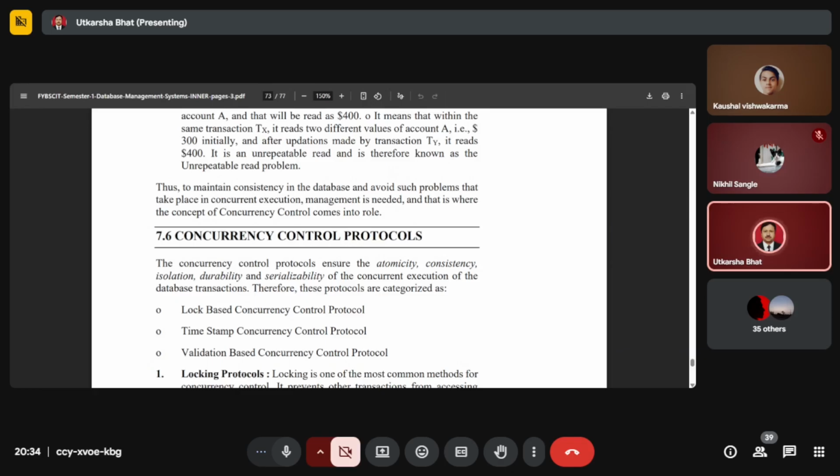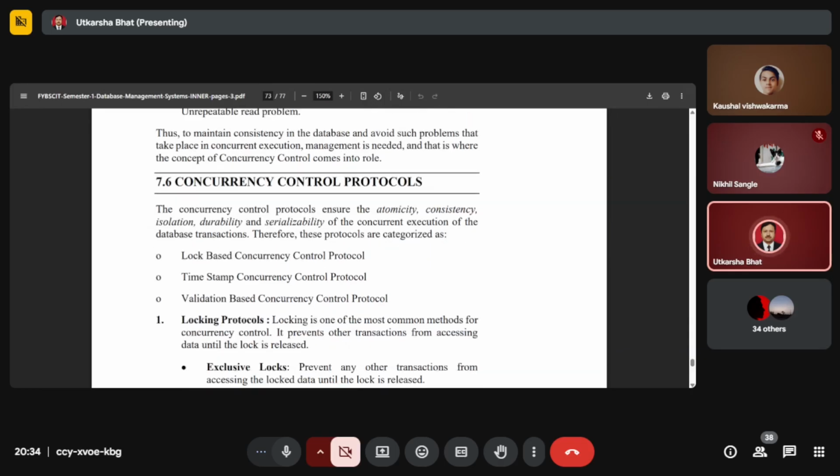The concurrency control protocol ensures the atomicity, consistency, isolation, durability, and serializability of the concurrent execution of the database transaction. Therefore, these protocols are categorized as log-based concurrency control protocol, timestamp concurrency control protocol, validation-based concurrency control protocol.